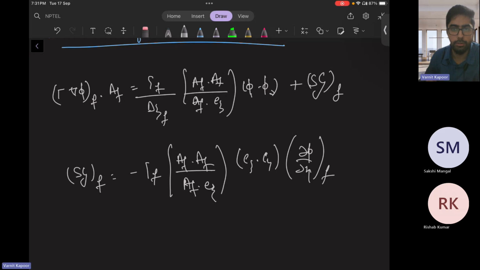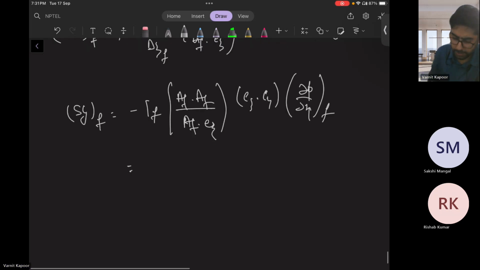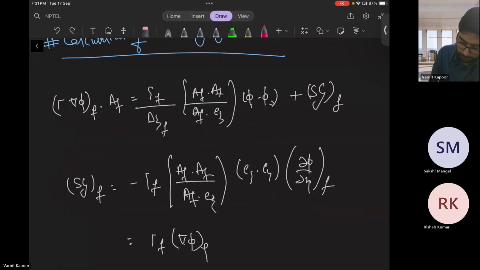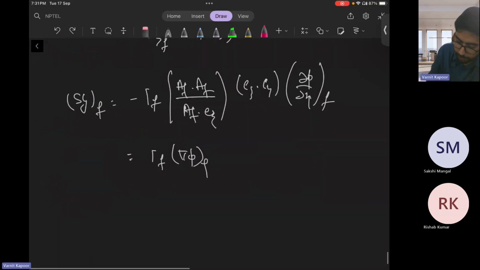So this can also be written like this: gamma F grad phi of that phase. What I'm doing basically is subtracting this and this to get this. Okay, that is what I'm doing.